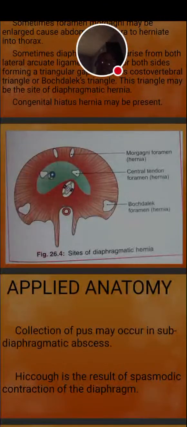This one is from the base of lateral arcuate ligament, POLAL. P-O-M-A-L: P for pairs, O for off, M for medial, A for arcuate, L for ligament. For the lateral: P for pairs, O for off, L for lateral, A for arcuate, L for ligament.